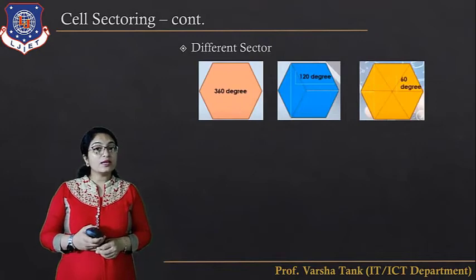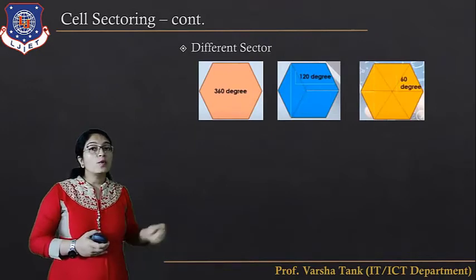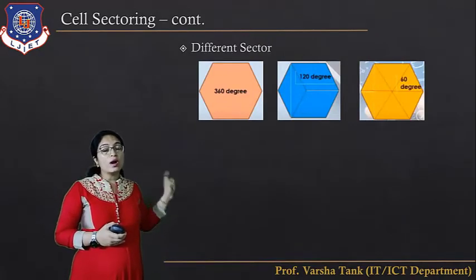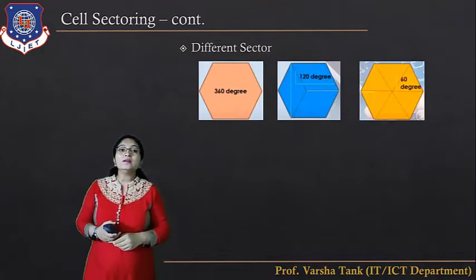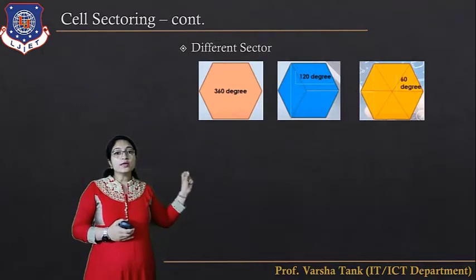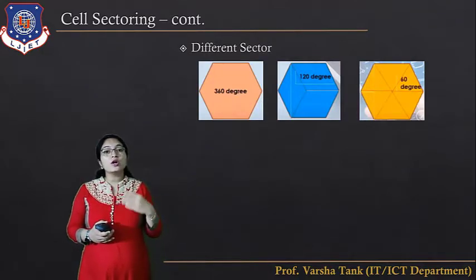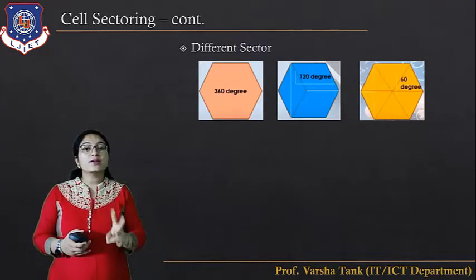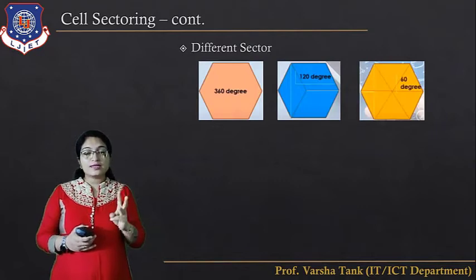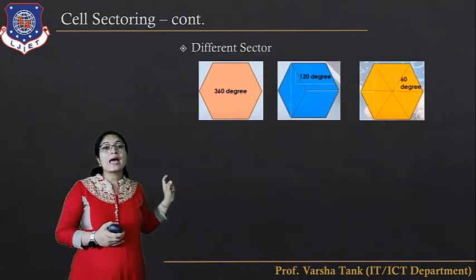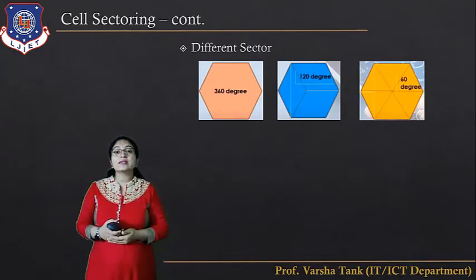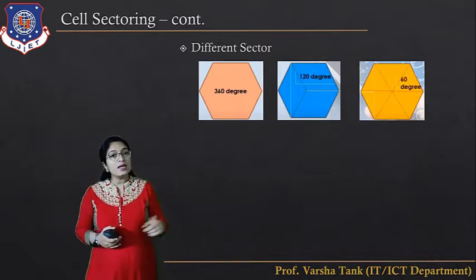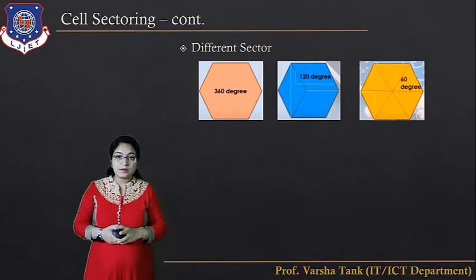So now here you can see the different sectors: at 360 degree, at 120 degree and at 60 degree. Here 360 degree means we are not sectoring the cell. At 120 degree, we are sectoring the cell, so 3 subcells are there. And if we are sectoring the cell at 60 degree, we have 6 subcells.